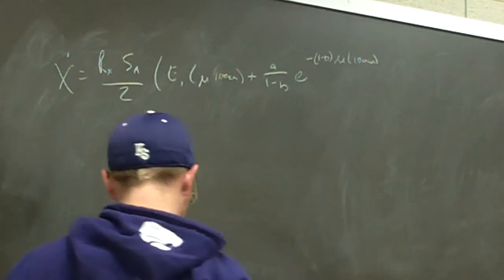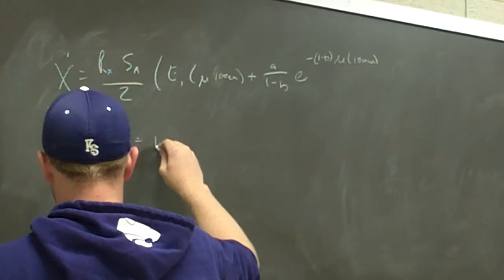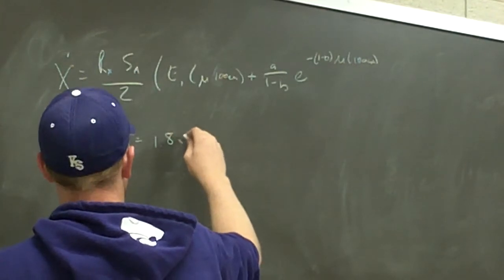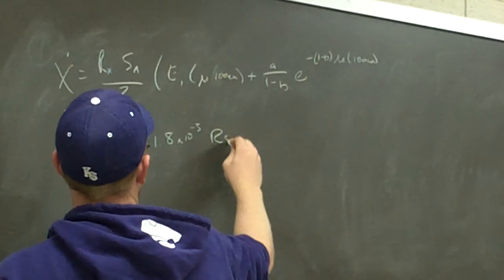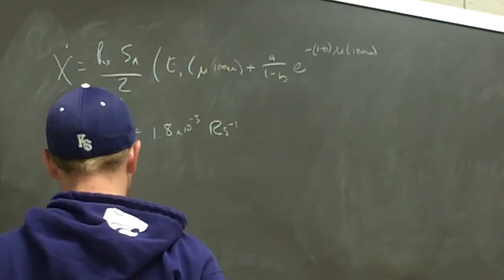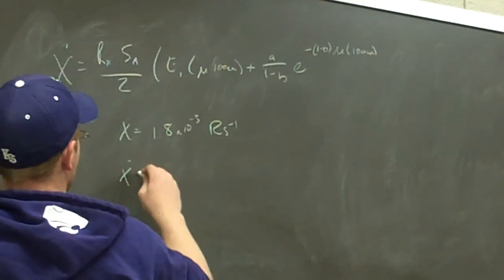And you put your values. You get 1.8 times 10 to the negative 3 R per second. And that's what I left my answer as, and that's wrong because they want MR per hour. So what is that value in MR per hour?